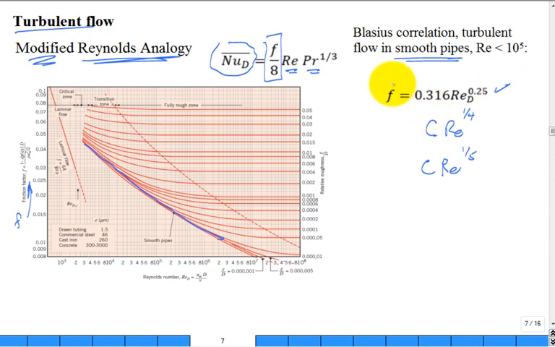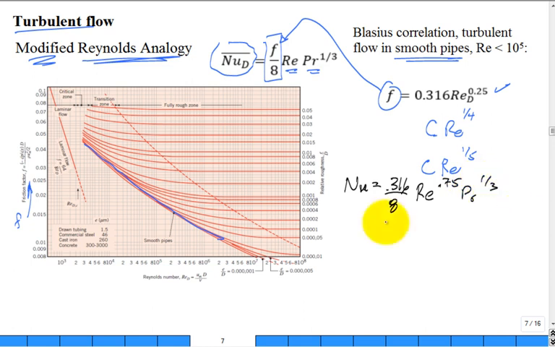You just stuff that into here, and you could find that the Nusselt is equal to, the constant would be 0.316 divided by 8. Reynolds, not to the 1, but Reynolds to the 0.75. Prandtl to the 1/3. You know what? That'd give you a pretty good answer.